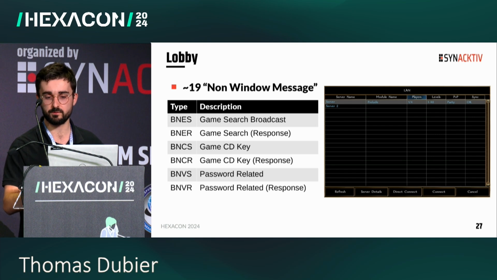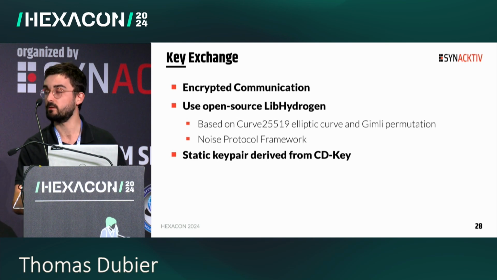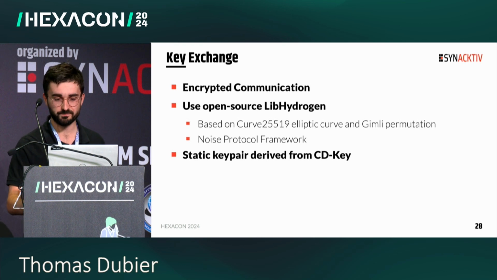After, when a client tries to connect to the server, they will establish an encrypted communication and the client will send the public part of their CD key and the password if it's needed. In the original version, the packets were not encrypted, but in the new version, the publisher added an encryption layer based on libhydrogen, and libhydrogen provides a simple key exchange API based on the Noise protocol framework.